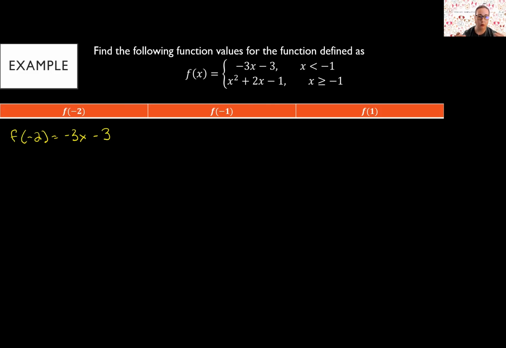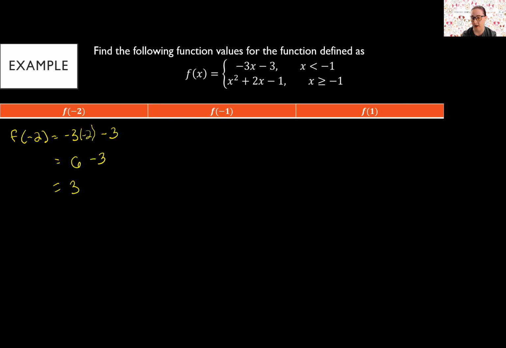So I need to replace my x here with -2. Let's just rewrite this whole thing, and then we find that function value. So we're going to get 6 minus 3, and then we get 3.